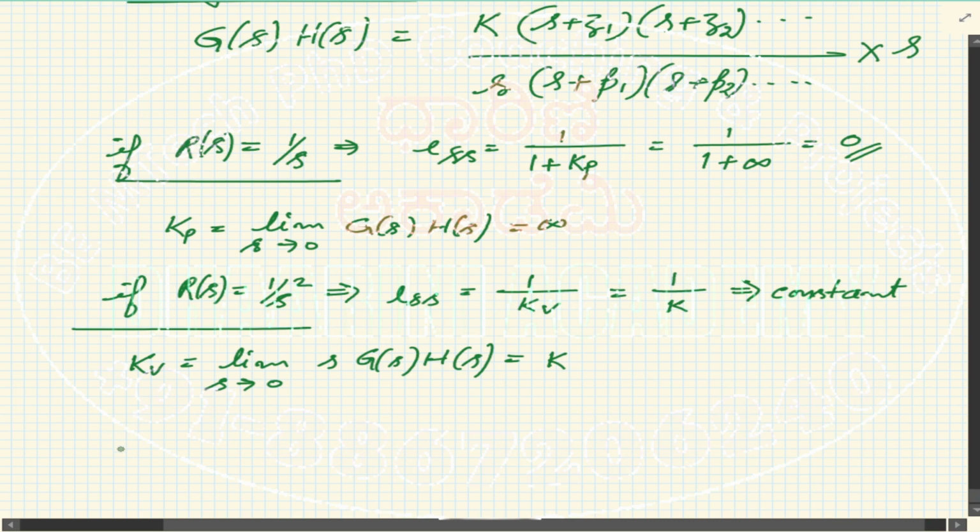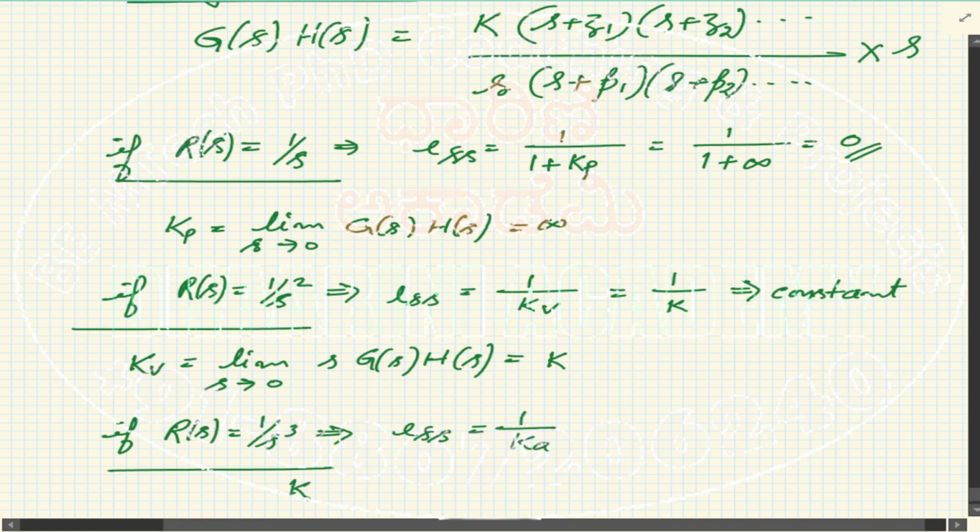Okay, and the last case, if R of s is equal to 1 over s cube, that is, we give a parabolic input to a type 1 system. We know that the steady state error is 1 by Ka. But let's write what Ka is first to calculate this. This is the limit s tending to 0 of s square into G of s into H of s.